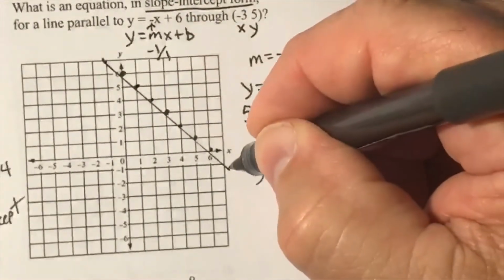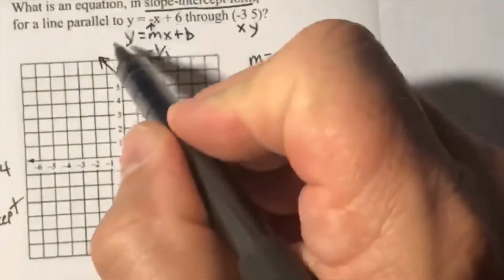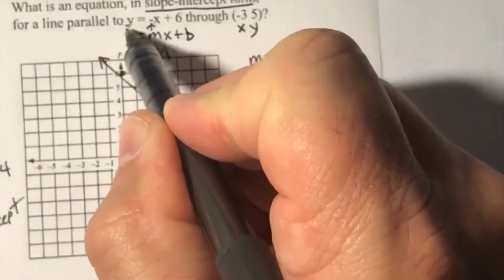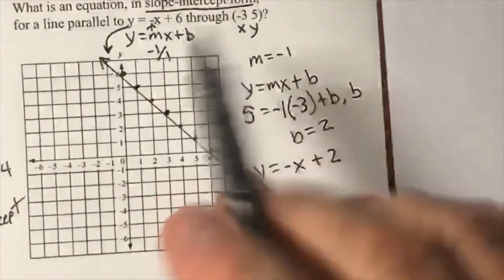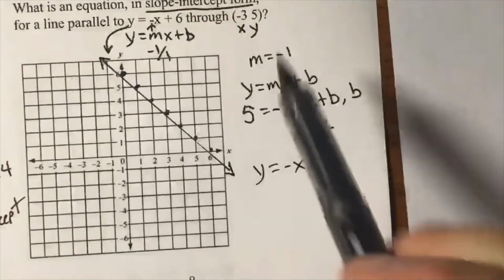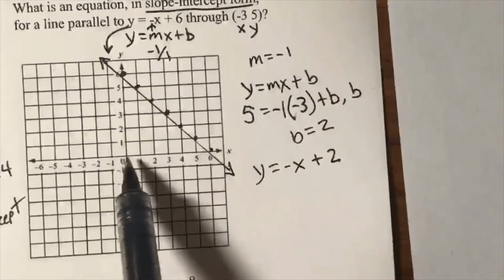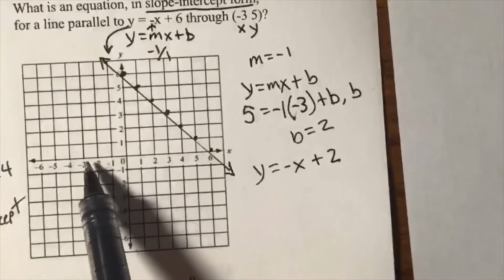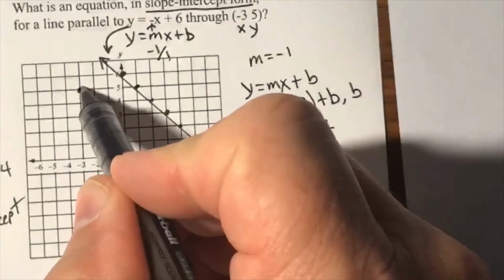Alright, so there's my y equals -x plus 6. That's this line. Alright, now let's plot this point at -3, 5. So with the origin, go over 3, up 5. Place a point right here.